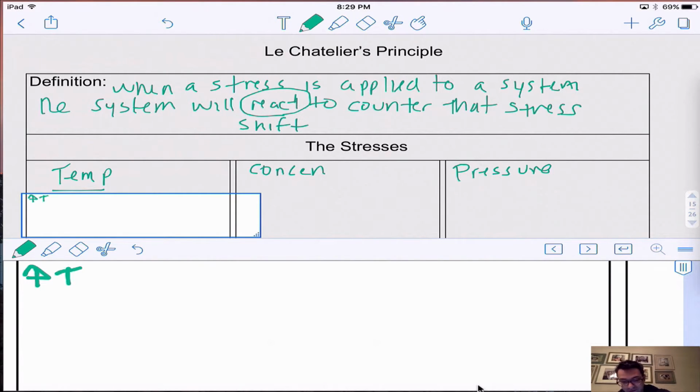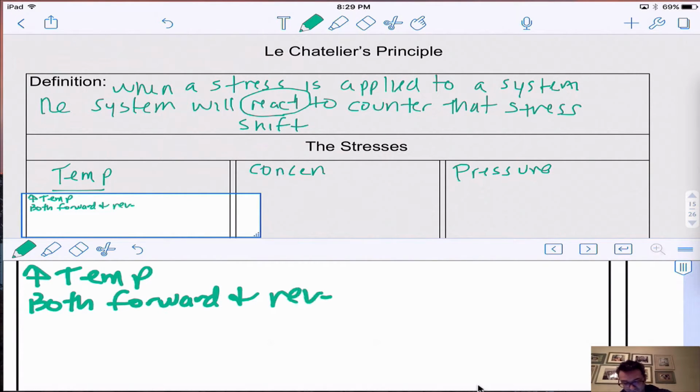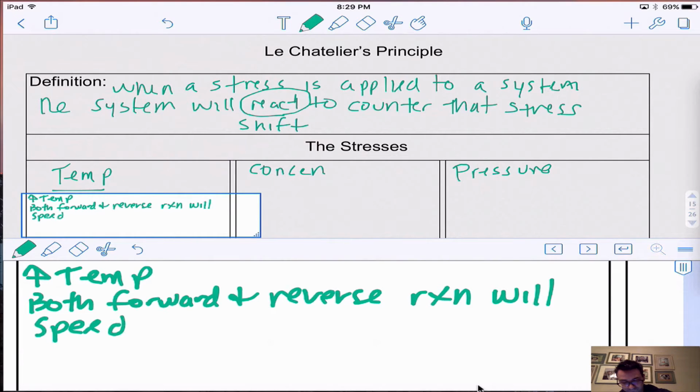If we increase temperature, both the forward and the reverse reactions will speed up. Whenever you increase temperature, it's important to understand that the reactions speed up, regardless of whether we're talking about the forward reaction or the reverse reaction.